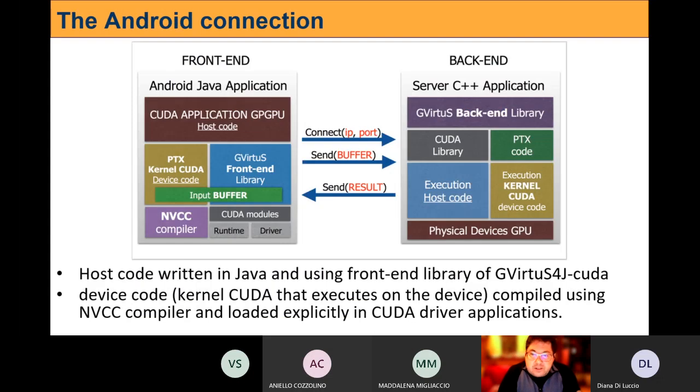The architecture is almost the same. In this case, we have to manage the device code in the right way. We have to store kernels in Android. This is possible using a binary large object, and then we can move the fully compiled or partially compiled CUDA kernel to the Android application.